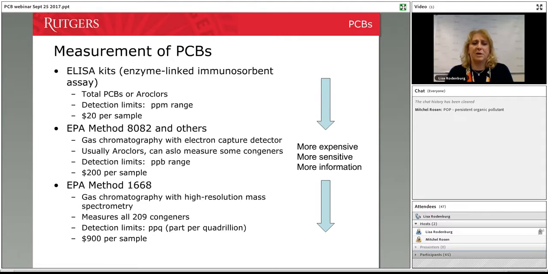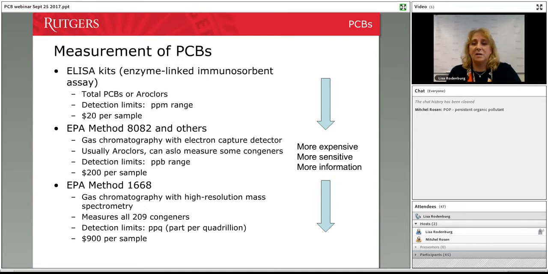The detection limits are in the part per billion range, and that 64 picograms per liter is in the part per quadrillion range. So this EPA method 8082 couldn't get down low enough to even measure the water quality standard that exists these days. And these days, it depends on the lab that you go to, but you can usually get method 8082 run on your samples for maybe $200 a sample. So it's not cheap, but it's not ridiculously expensive.